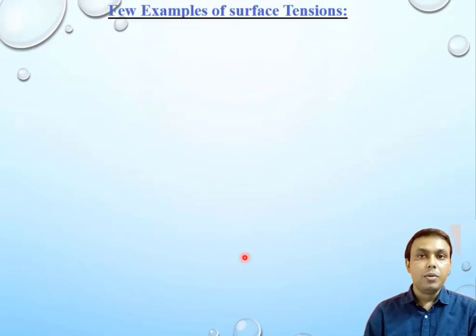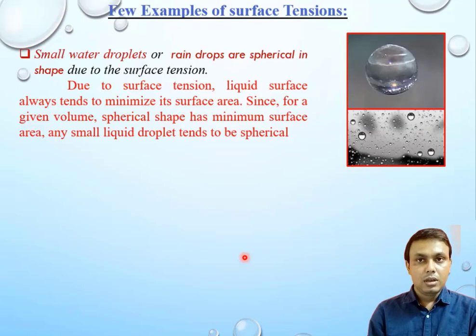Now I am discussing a few examples based on surface tension. As I have already discussed with you, this is a small spherical water drop. Now, small water droplets or raindrops are spherical in shape. Why? This is due to surface tension.